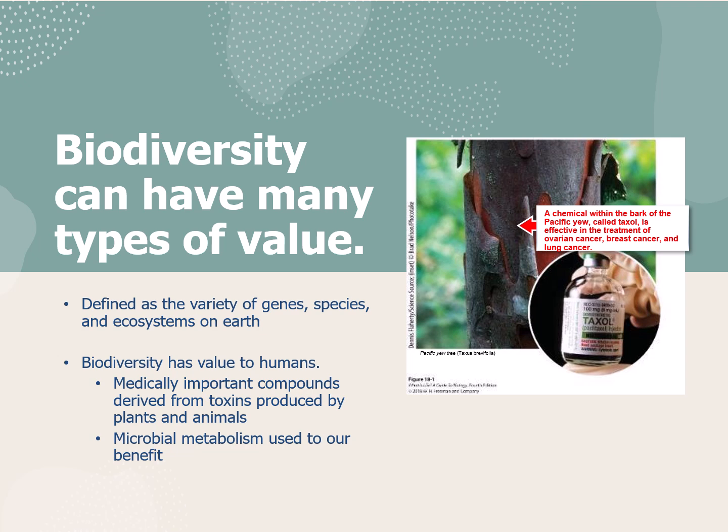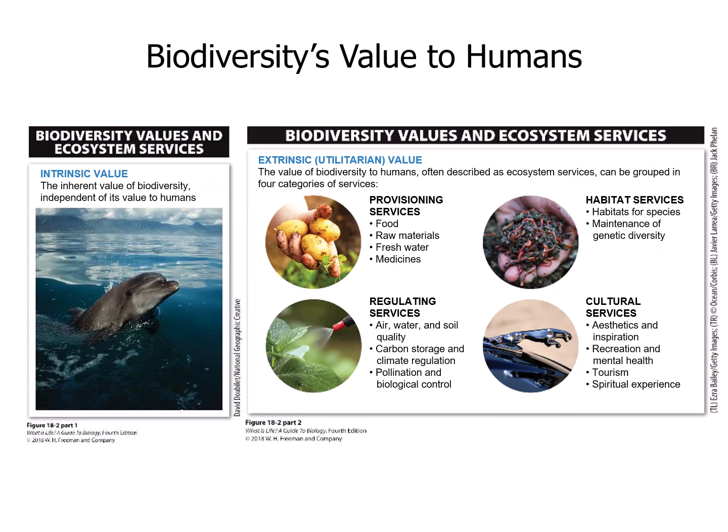So let's talk about that. When we talk about the value of biodiversity within an ecosystem that has nothing to do with humans, we call this an intrinsic value. This is the inherent value of biodiversity independent of its value to humans.